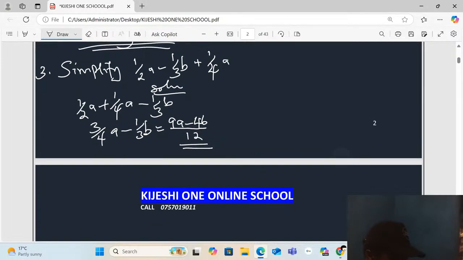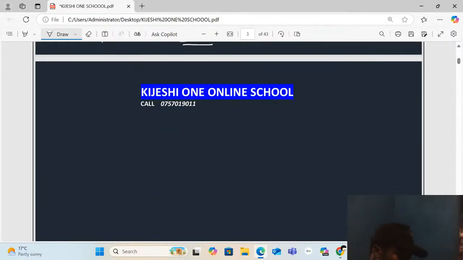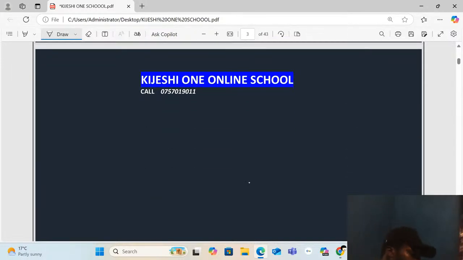Let us move to another example. We shall look at more examples on this. Example 4. Now simplify a plus b over 2 minus 2a minus b over 3.